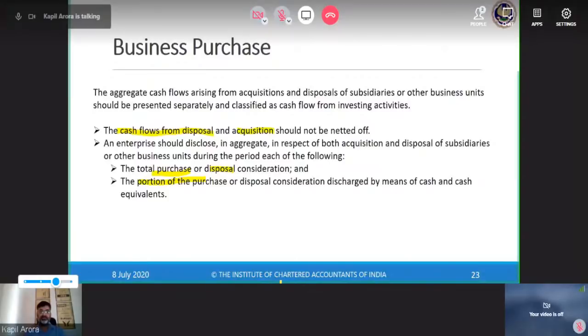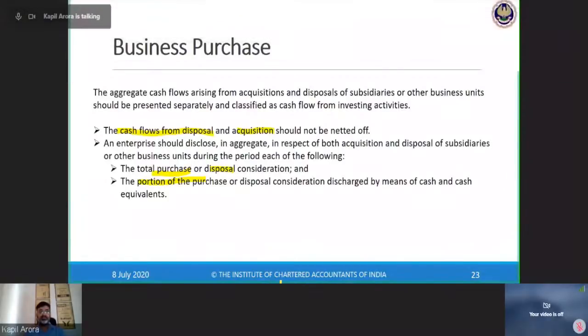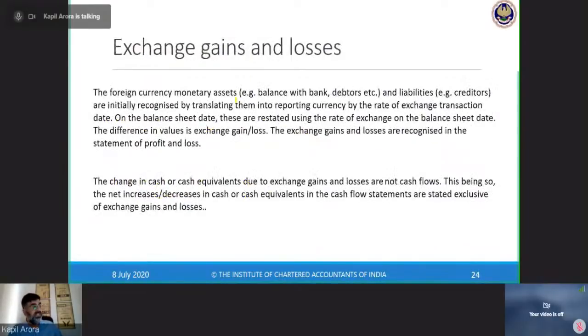And I would say the last piece here is mutual funds which give dividend. For them, we need to see that they are not giving dividend to their shareholders. They are giving dividend to those who have invested in that fund.